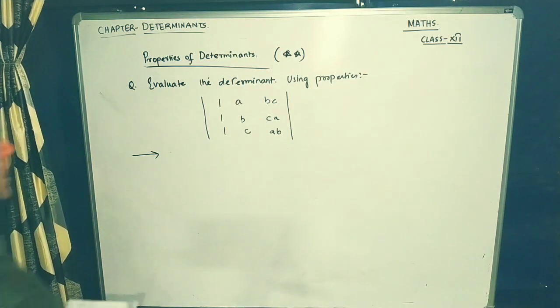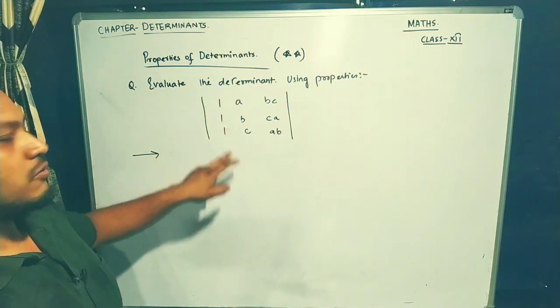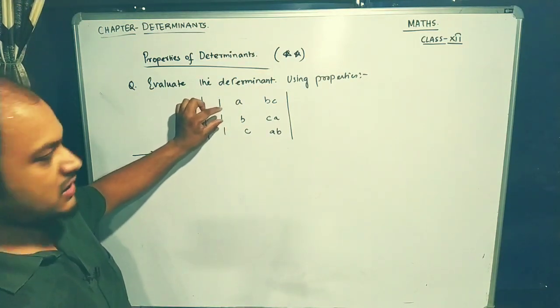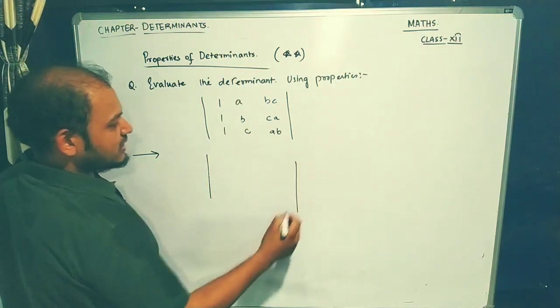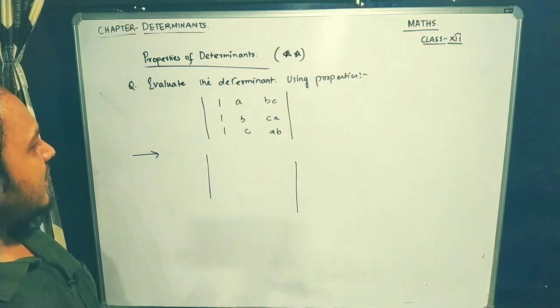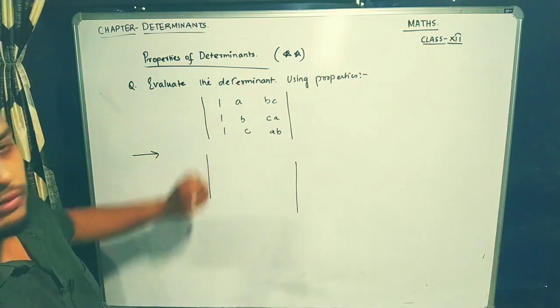Yes, every time we see that each and every element of a column are equal, then we should try to achieve zeros at this position. So what we'll do, using the sixth property, I can perform row column operations on this determinant and its value will not change.